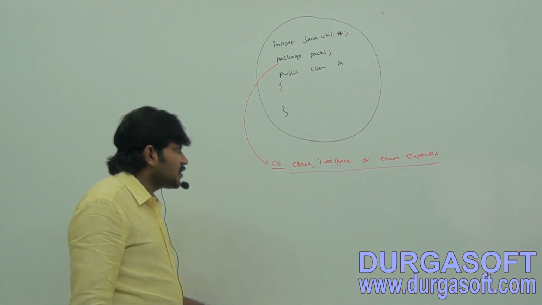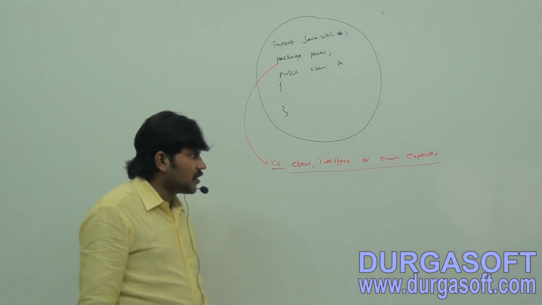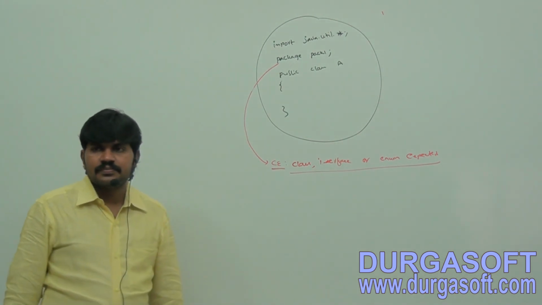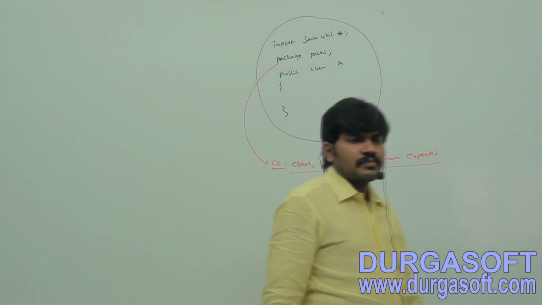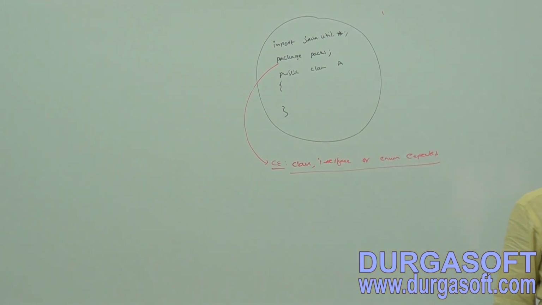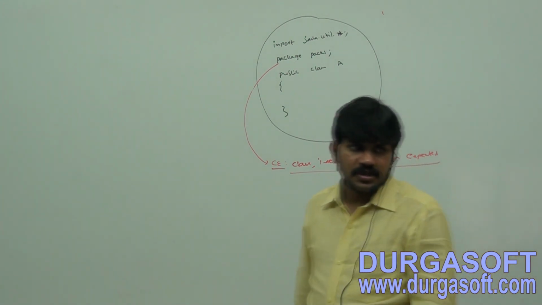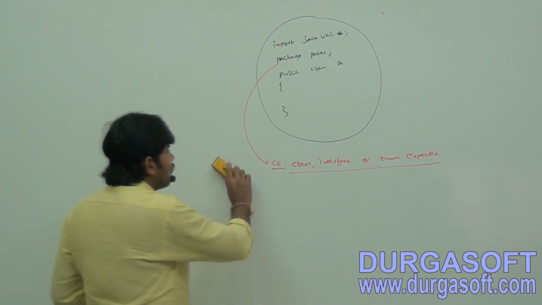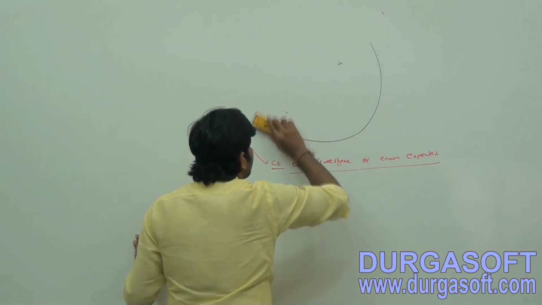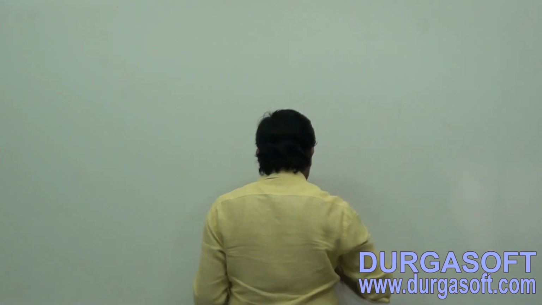Next, public class A. Class, interface or enum expected. Can I complete it, right? Okay, make sure you people are aware of this clearly, right? Class, interface or enum expected.